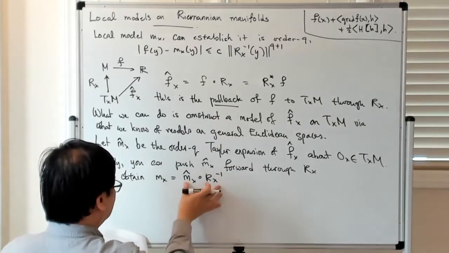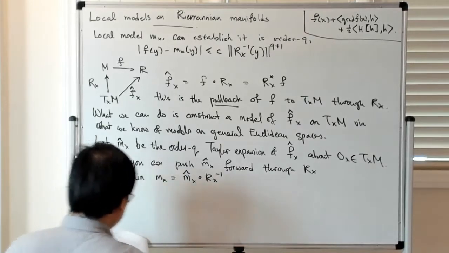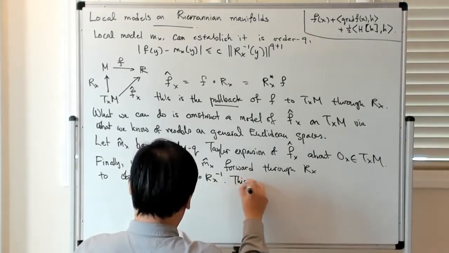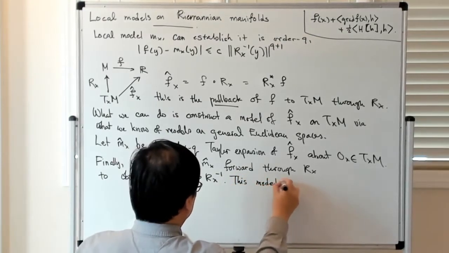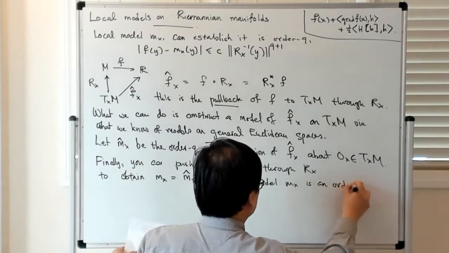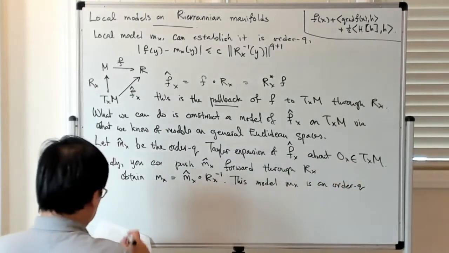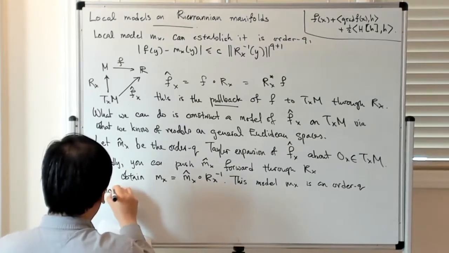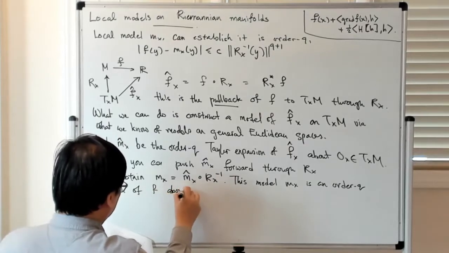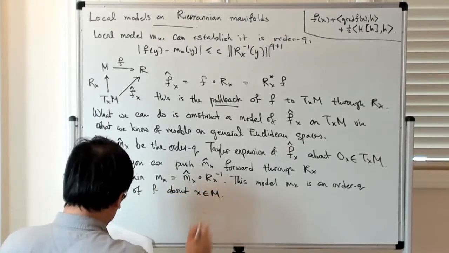So this is the push forward. This model m_x is an order Q model of f about the point x on the manifold.